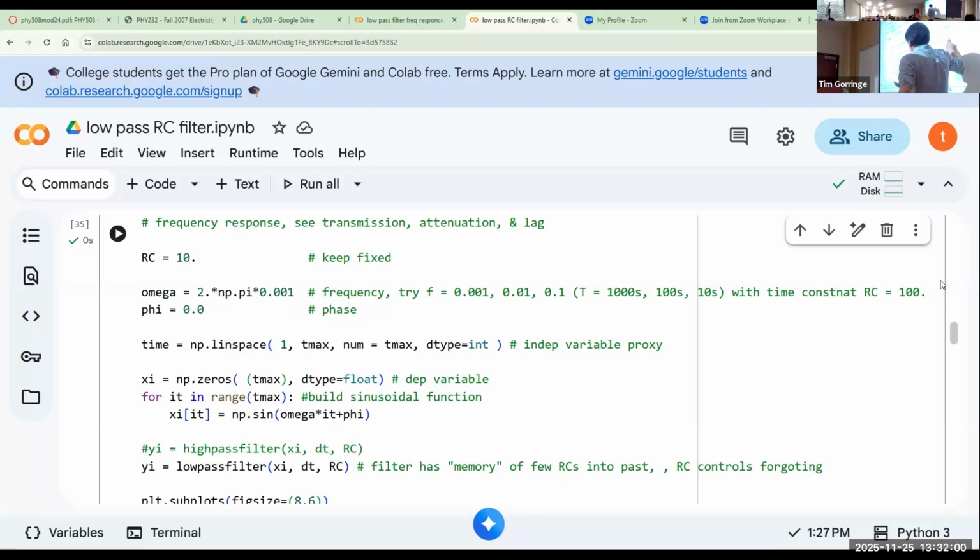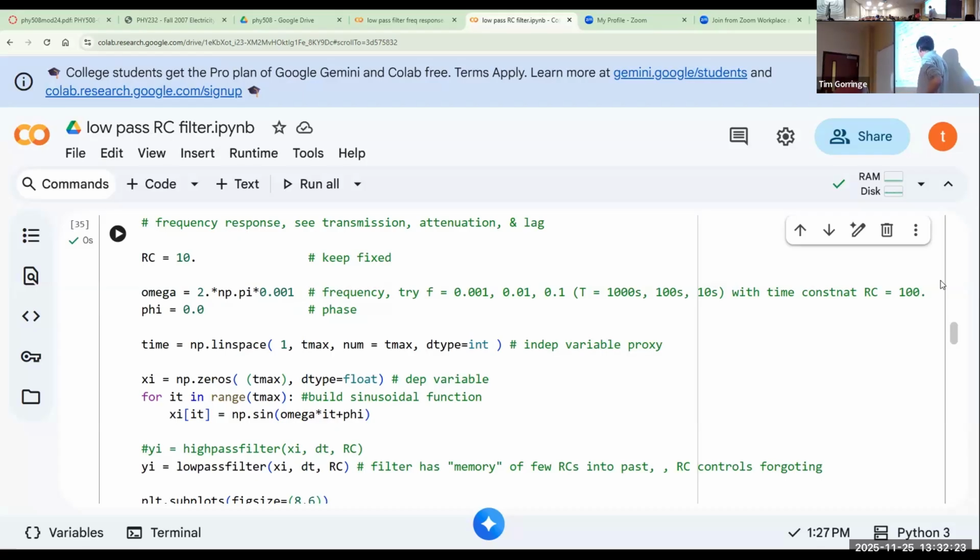Again, I'm defining a proxy for time. Again, I'm initializing an array for my input signal, and then I'm filling the array with the values of the input signal. Now I'm just filling it with a sinusoidal function here, with the frequency that I'm going to adjust.